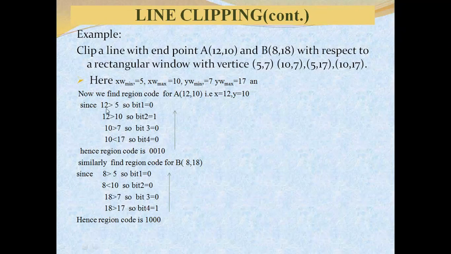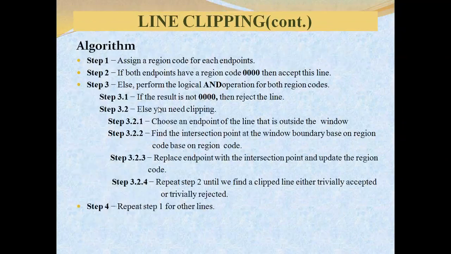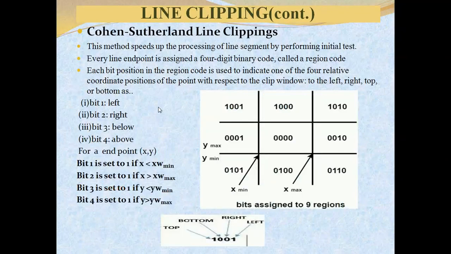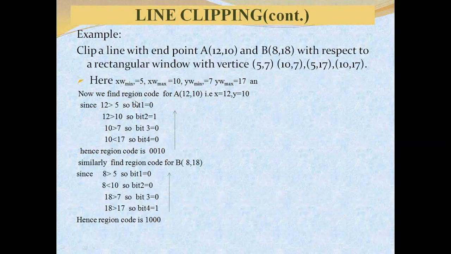Here x is 12, which is greater than xw min of 5, so bit 1 is 0, because bit 1 is 1 only if x is less than xw min.